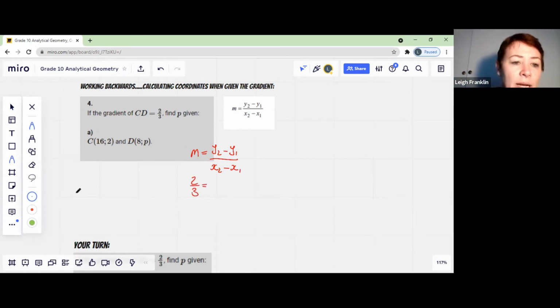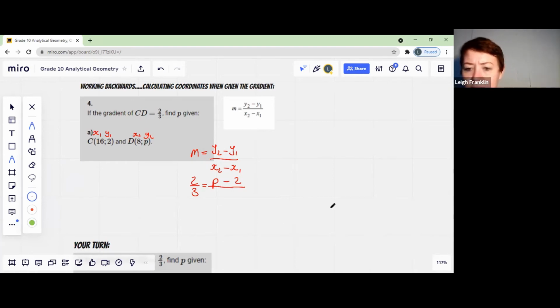Now, if I say that's X1, that's Y1, this is X2, this is Y2, that means in place of Y2, I'm going to write P minus Y1, minus 2, over, what am I going to put at the bottom?